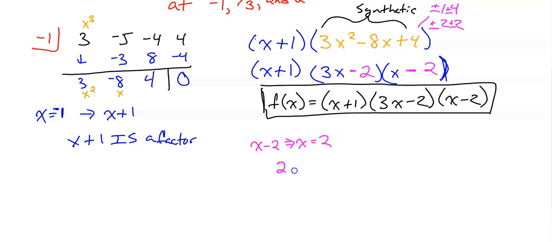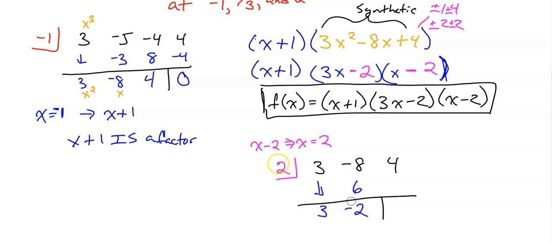So I could put the 2 here, take down the 3, the negative 8, the positive 4, and 3 comes down. 2 times 3 is 6. Negative 8 plus 6 is negative 2. 2 times negative 2 is negative 4.